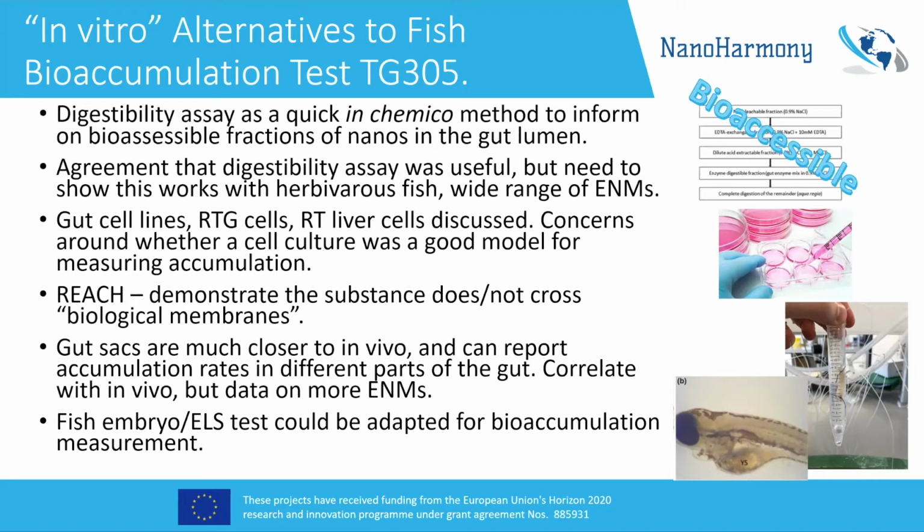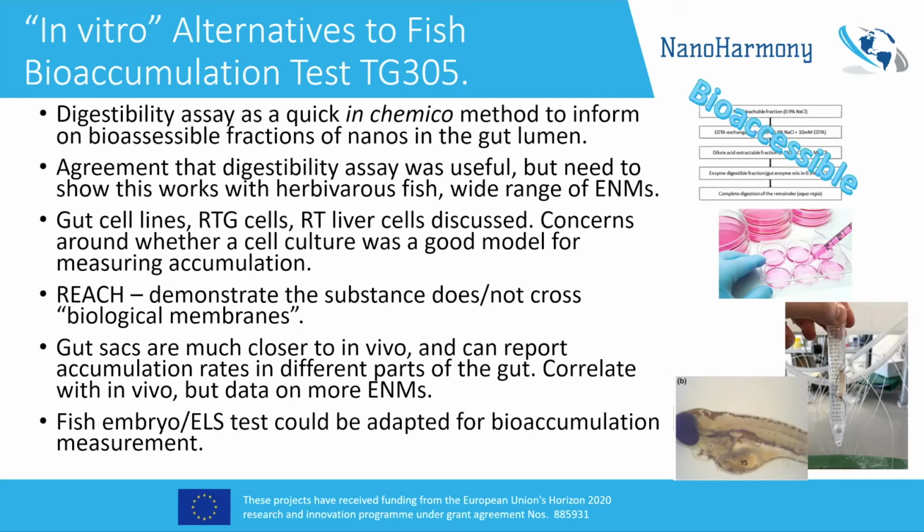These assays have been used for soil ingestion risk in humans and food safety risk in humans as well. And this is a fish version of those assays that's been around for a long time. So there was some agreement that it would have utility because it was quick and easy to do, and it gave you a useful answer.